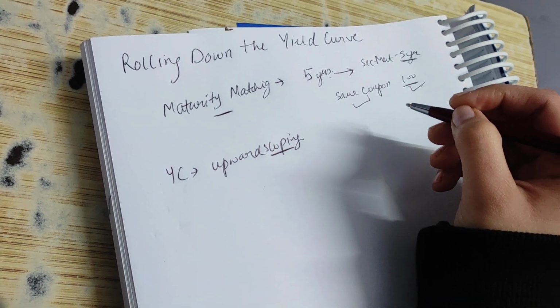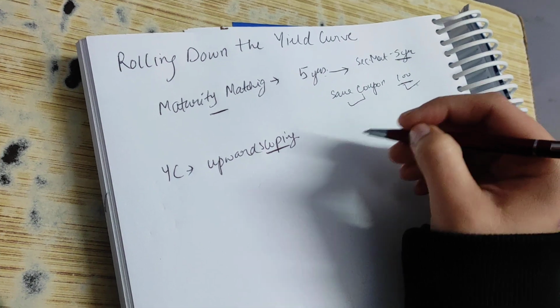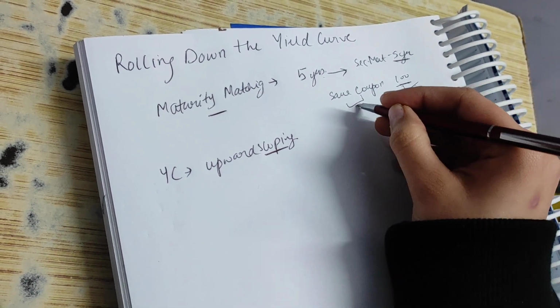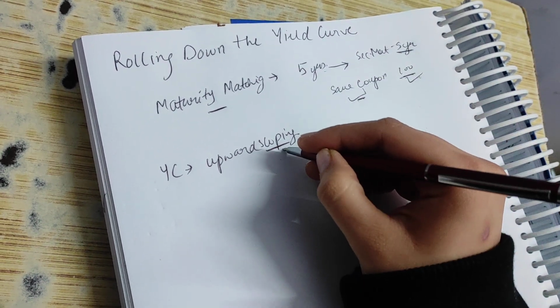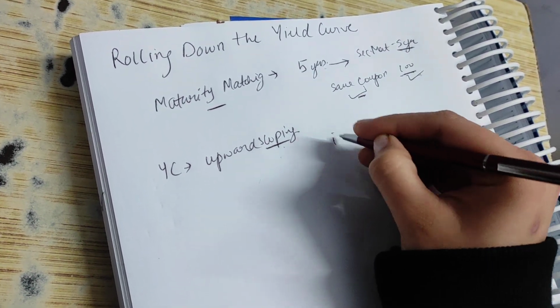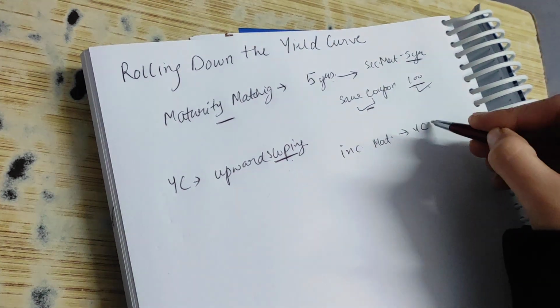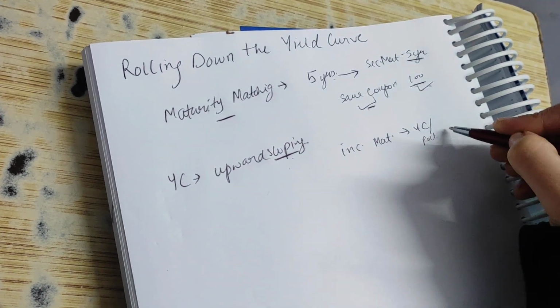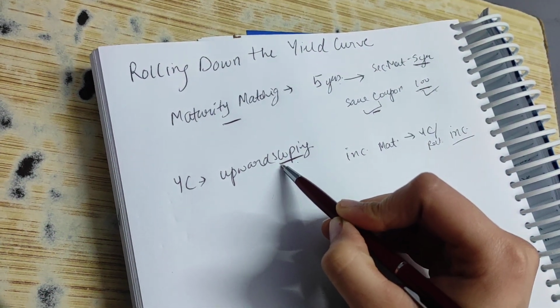It generally means that if we apply a little more information, then we can earn superior returns than this maturity matching strategy, right? Upward sloping yield curve means that with increasing maturity, the rate on the yields increases, right? That is what we call an upward sloping yield curve.